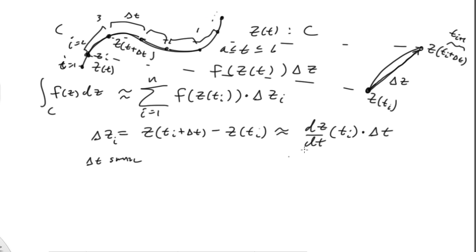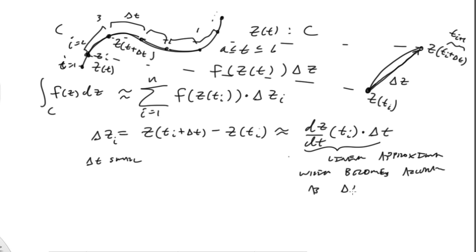This is, of course, the linear approximation, which becomes accurate as delta t goes to 0.